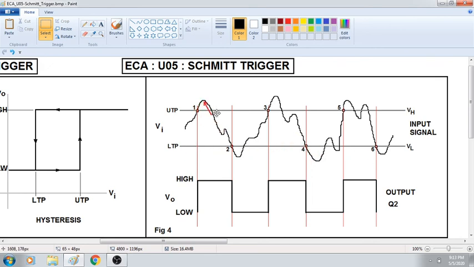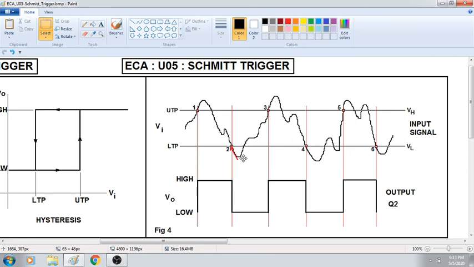So even if the input voltage is changing, even if the input voltage is coming down here, nothing is going to happen because this UTP is no longer there. UTP has now become LTP. So unless the input voltage goes below the lower threshold point, the transition will not occur.